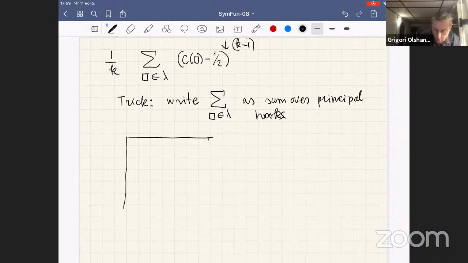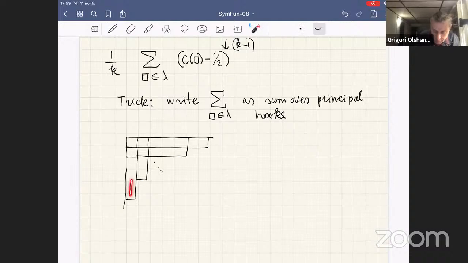So we have our Young diagram. So the principal hook is this one, this one, this one, and so on. So these are hooks which correspond to the diagonal boxes.